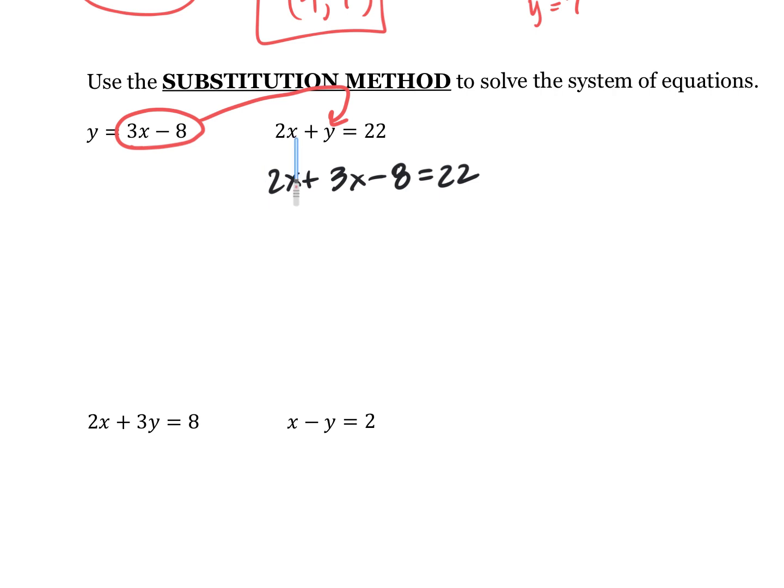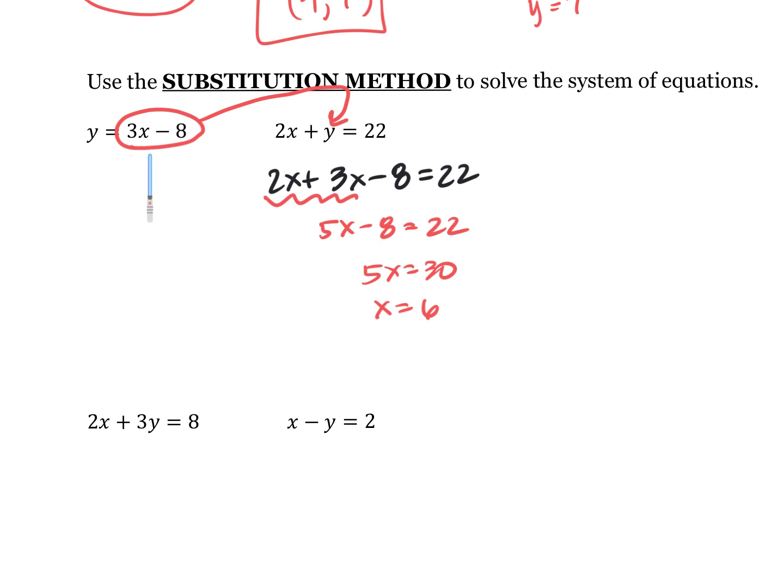So we took care of this whole second equation. Instead of y, I got to put in 3x minus 8. Let's combine some like terms. 2x and 3x, 5x. Minus 8 is? Good. 5x equals 30. Good. If x is 6, is there one equation that would be easier to plug back into?